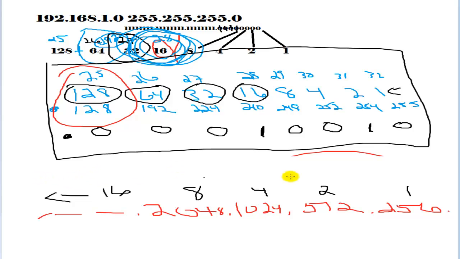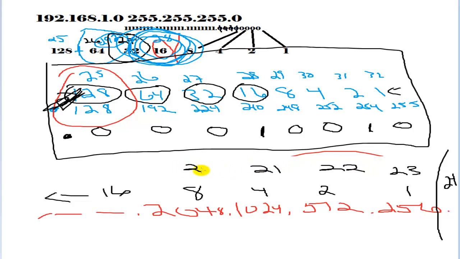Class C starts here, so 24 would be this guy starting here. So this one would be 23, 22, 21, 20, 19.